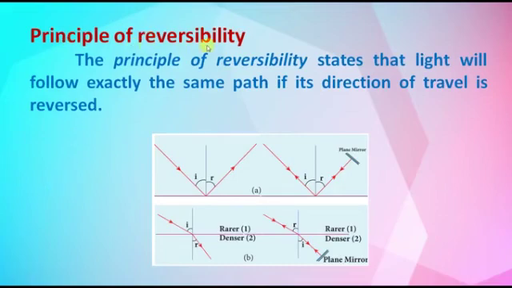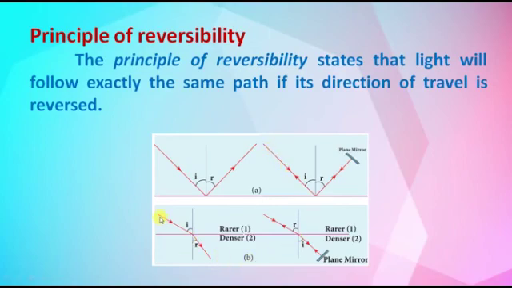Next we see the principle of reversibility. The principle of reversibility states that light will follow exactly the same path if its direction of travel is reversed. Here you see the reflection condition, and here the refraction condition. If we place a plane mirror, the light is incident, then gets reflected back to the same side.